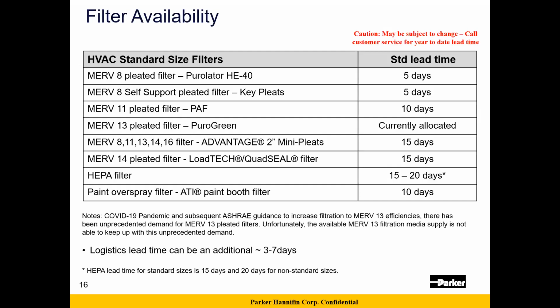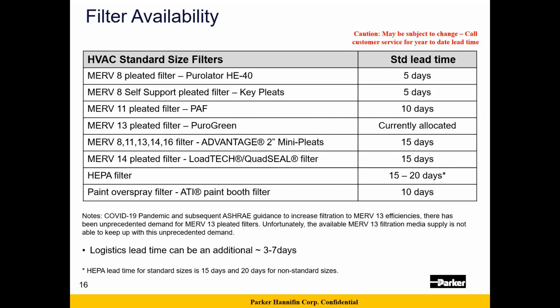So as of this time, pretty much our filter capacity for production is currently allocated out to customers for the next few weeks. So for availability on that product, I would suggest that you contact your reps or sales contact to find out what current availability would be on those products.